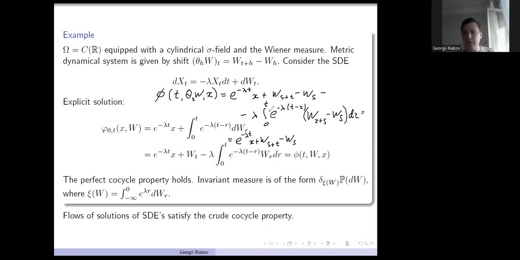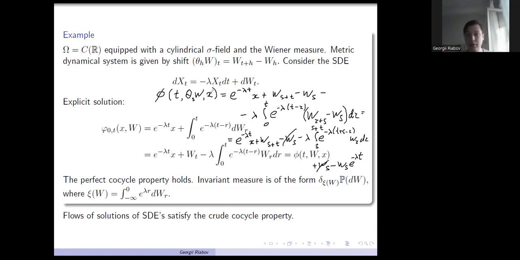In the integral, we change bounds, so it will be minus lambda times the integral from s to s+t of e^(-lambda(t+s-r)) W_r dr. Okay, and the integral with the W_s, we can just compute it, and it will give us exactly W_s minus W_s e^(-lambda t). So this cancels.